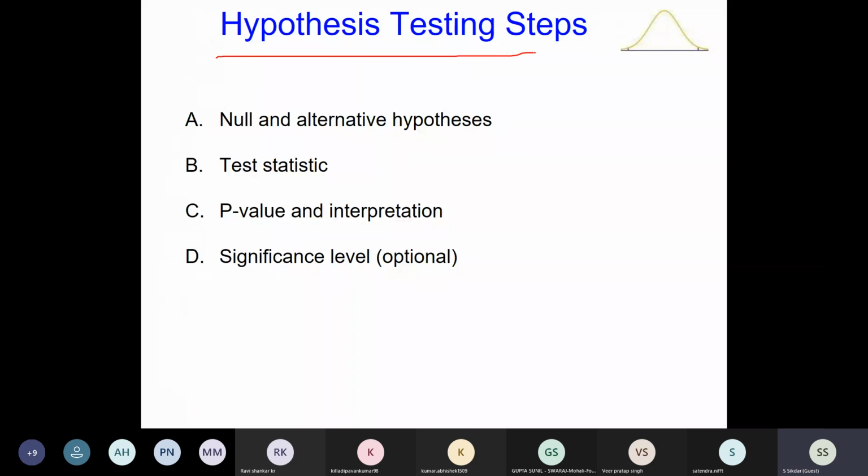Now, all this hypothesis testing has steps. Here you can see the null and alternative hypothesis, and then there is the test statistic, then the p-value and interpretation, and the significance level. The other day, we had gone through up to this point, and then we stopped.